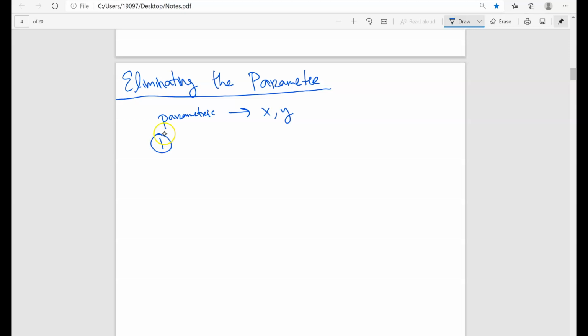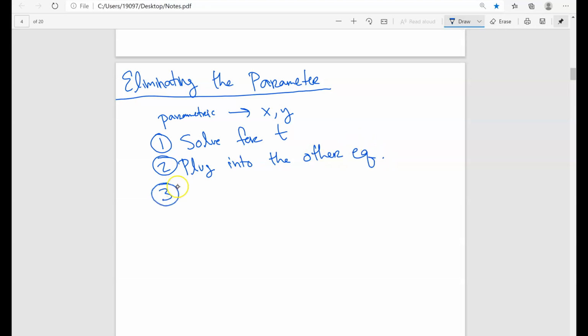So the way that you do it, the first thing is you want to solve for t using one of the equations, whichever equation. Usually one of them is easier to solve for t than the other. Then you want to plug it into the other equation. So once you solve for t, you want to plug it into the other one.